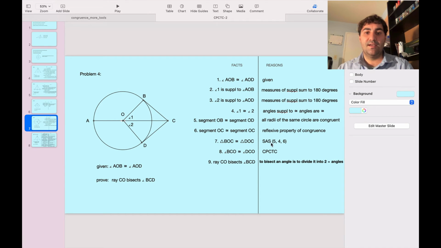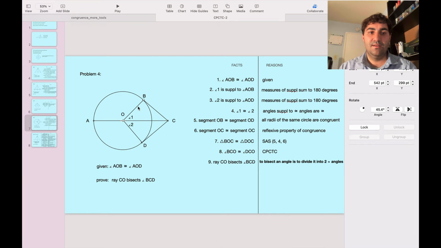And then we can use side angle side with 5, which is segment OB is congruent to segment OD. And then 4, which is angle 1, is congruent to angle 2. And then number 6, which is segment OC, is congruent to segment OC. So we have side, angle, side.